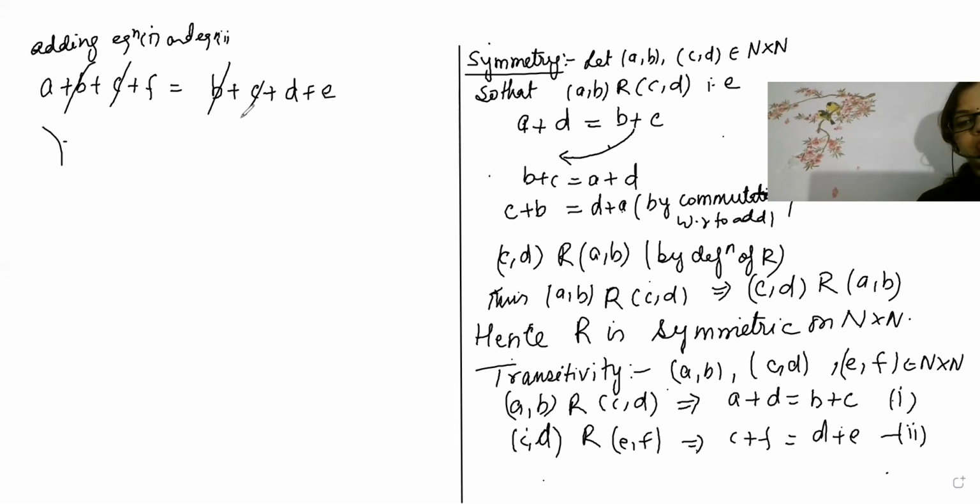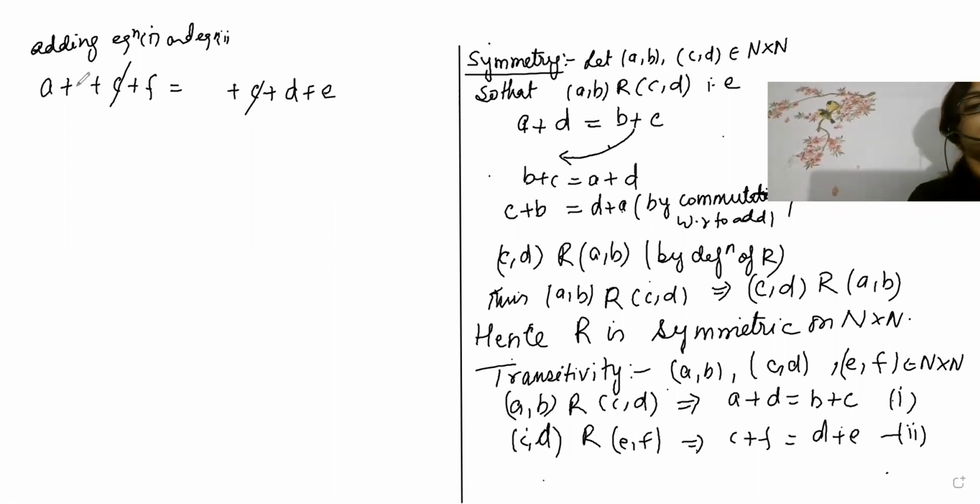Once we add it, A plus F will come, and B plus E will come. Oh, I wrote it wrong, beta. ABEF should come.